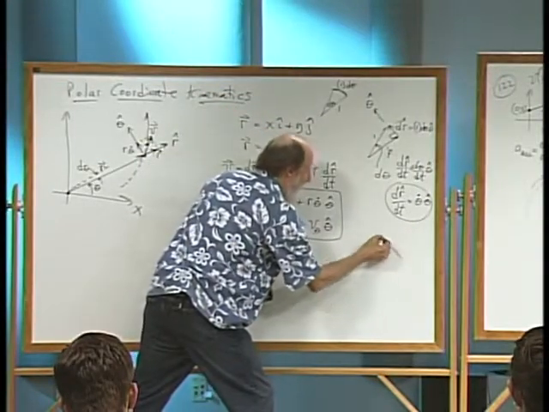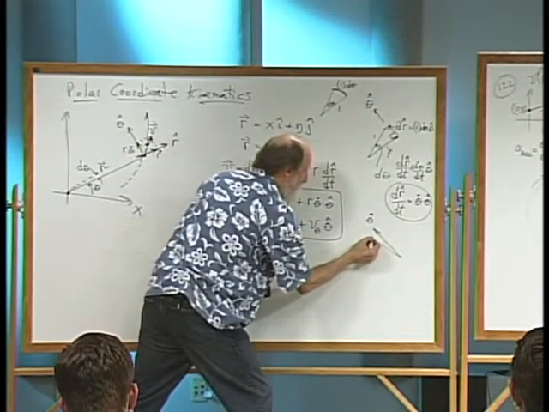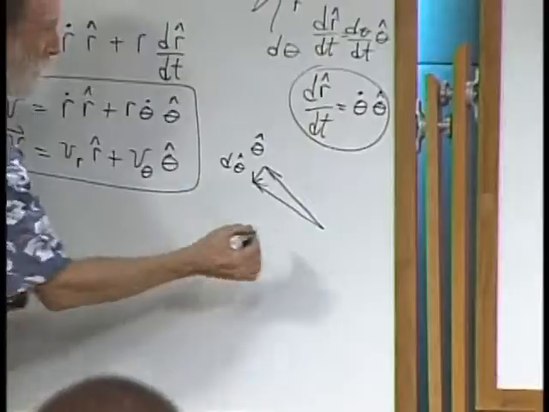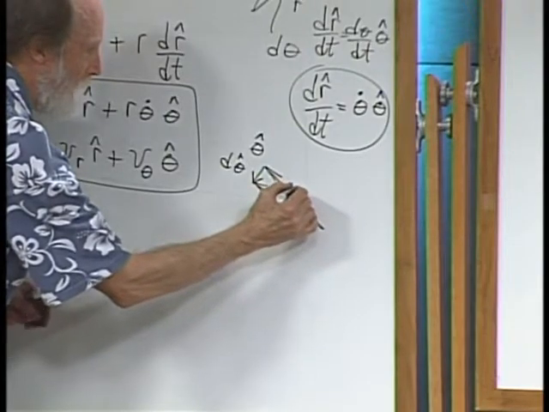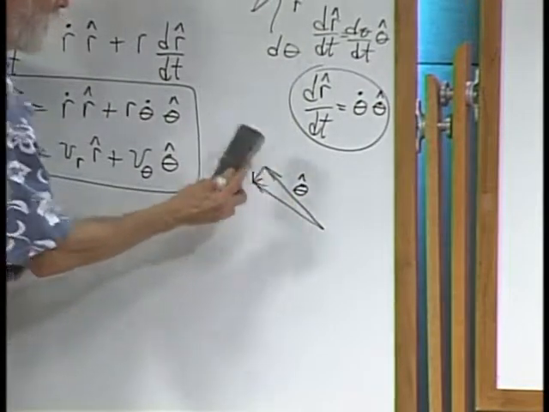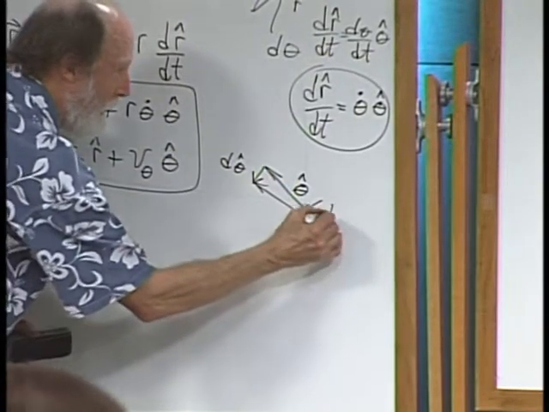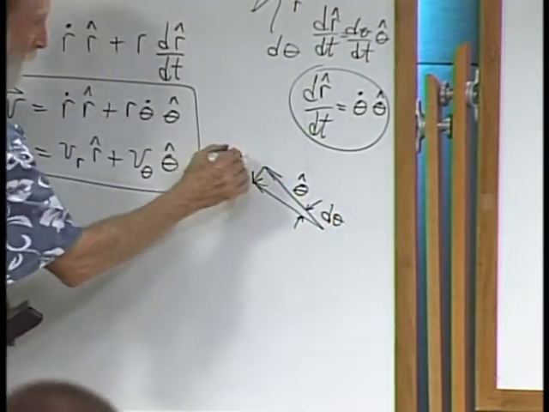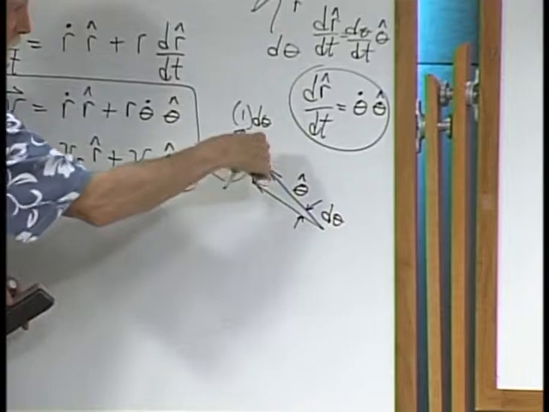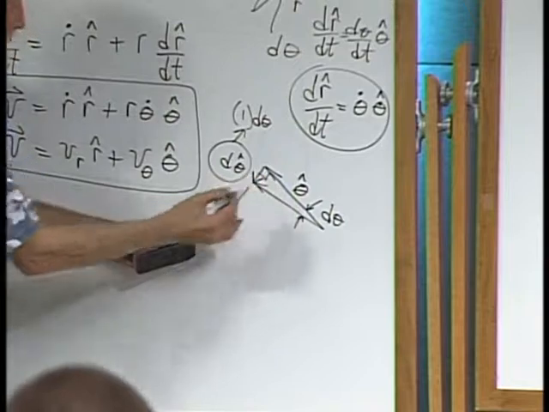So here's theta hat. Then I'm going to let it rotate through a little differential angle, and here's the d theta hat. The angle rotation right there is d theta, so the value of this thing is going to be 1 times d theta. And look at its direction. What direction is this, folks? Perpendicular to the theta hat, coming back this way.